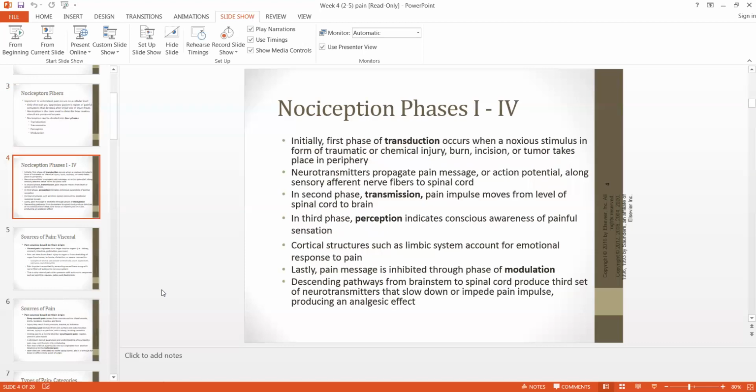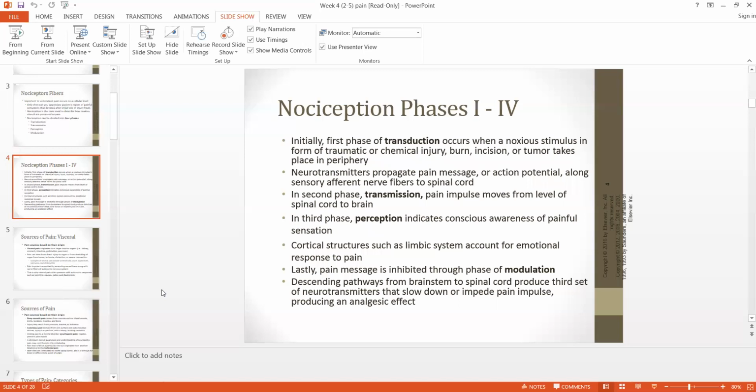So initially this transduction, when the stimulus, this kick in the shin, this burn of the finger, this cut on the arm, whatever, all of that takes place in the periphery. So then we have neurotransmitters, which kind of help with this transduction.